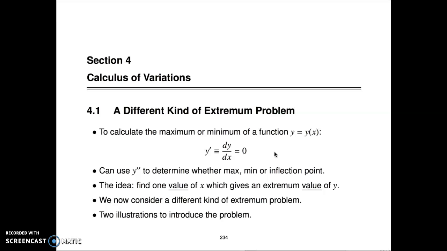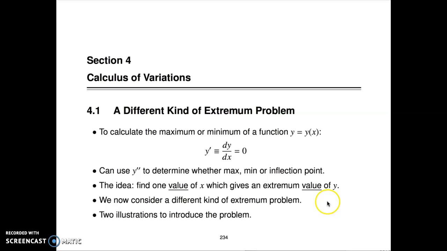of y. To determine whether you have calculated a minimum or a maximum, you could calculate the second derivative and look at its sign to determine whether you have a maximum, a minimum, or an inflection point. So this is all very familiar to you.